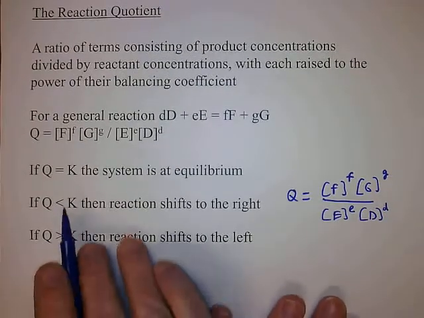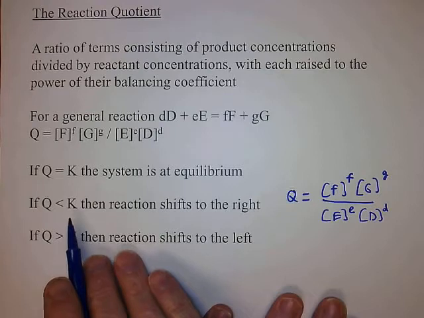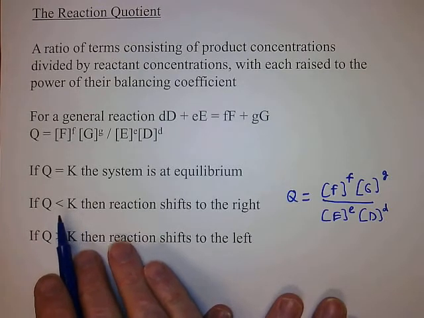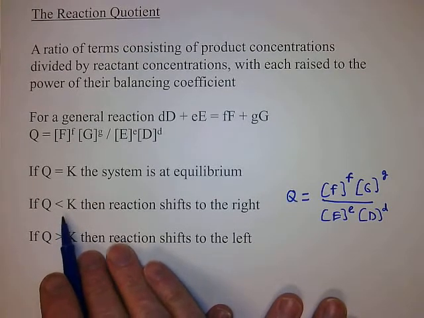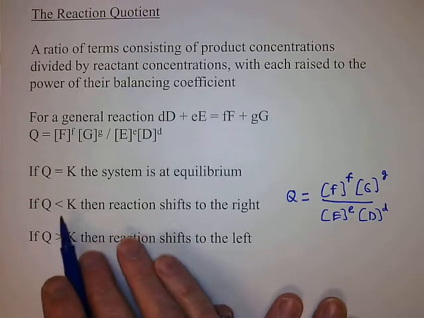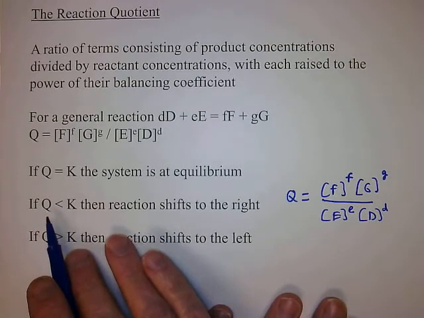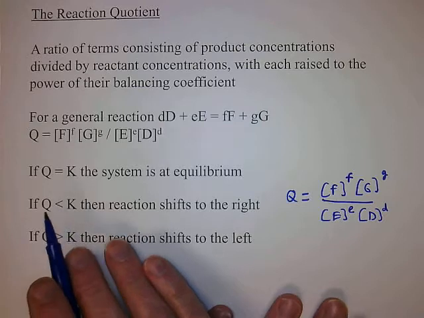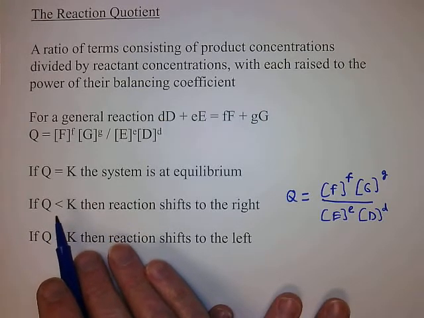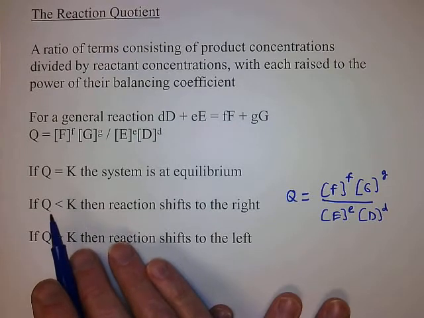So if Q is less than K, that means Q is too small. So what can make Q bigger? Will a shift to the left or a shift to the right make Q bigger?